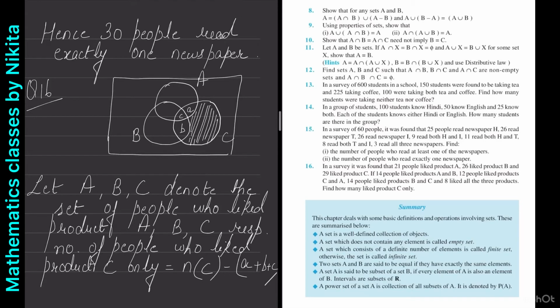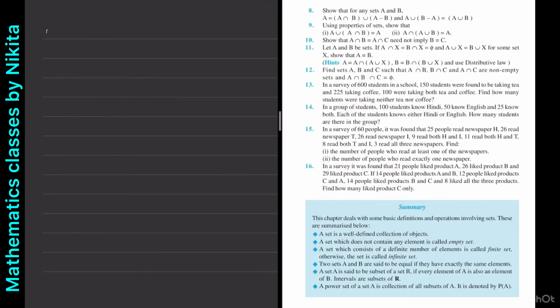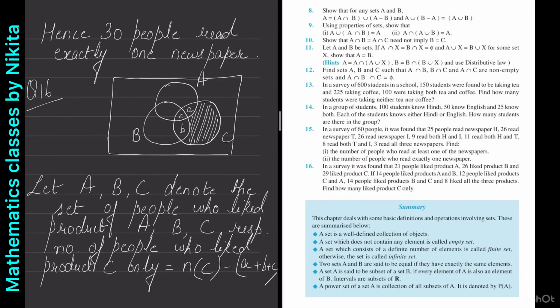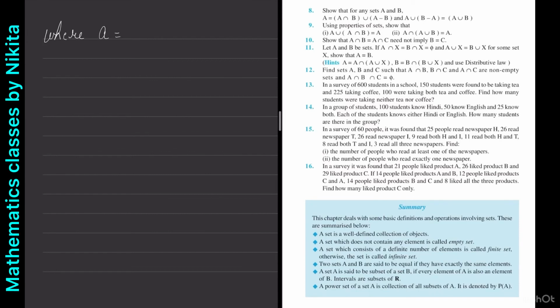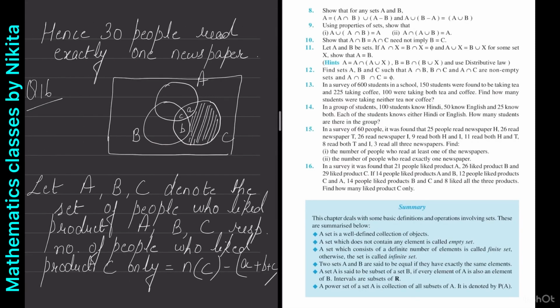Okay, and we will define what is A, what is B, and what is C, where small a is the number of people who liked only product A and C. And what is your small b?